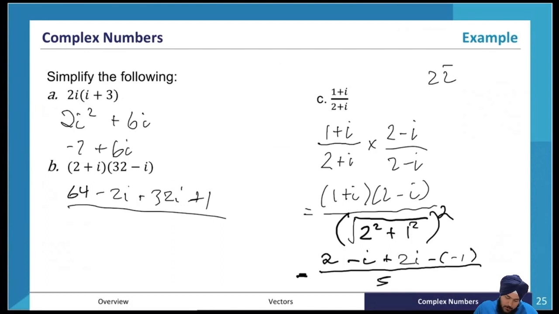Oh, there's no denominator. Okay. So adding the real numbers, 64 plus 1, 65. And then the imaginary, 32i minus 2i, which is plus 30i. So that is our answer there.